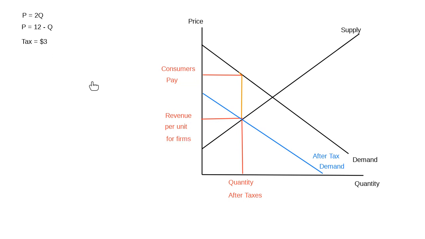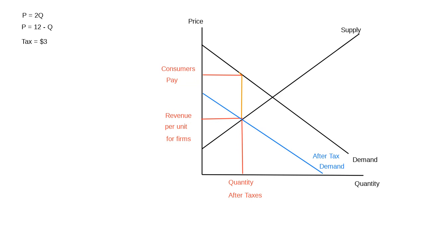Add the $3 to the revenue, and that'll give us what the consumers pay, which is just this vertical distance from here to here. So with that, let's solve this question. First, we're going to shift the demand curve down. Of course, if you wanted to, you could shift the supply curve up. I suggest you try doing that on your own and see if you come up with the same answer.